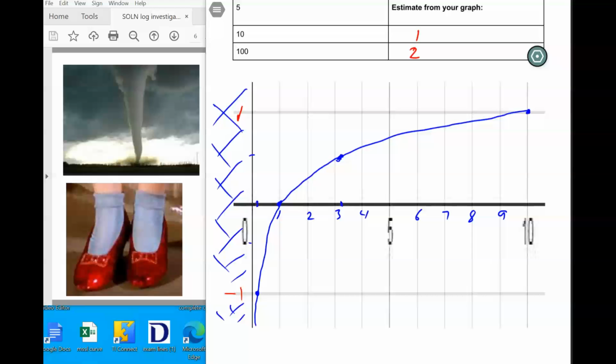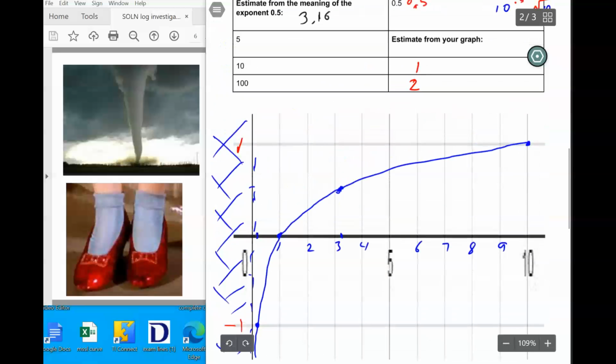No, because if you put 0, 10 to the 0 is just 1. If you put any negative number, it's just a small number. That is why there's an asymptote on the y-axis. The log graph does not touch the asymptote because for black 0, there is no red number. Black 0 is Uncle Henry. Does not exist. Negative numbers and 0 don't exist in the log world.